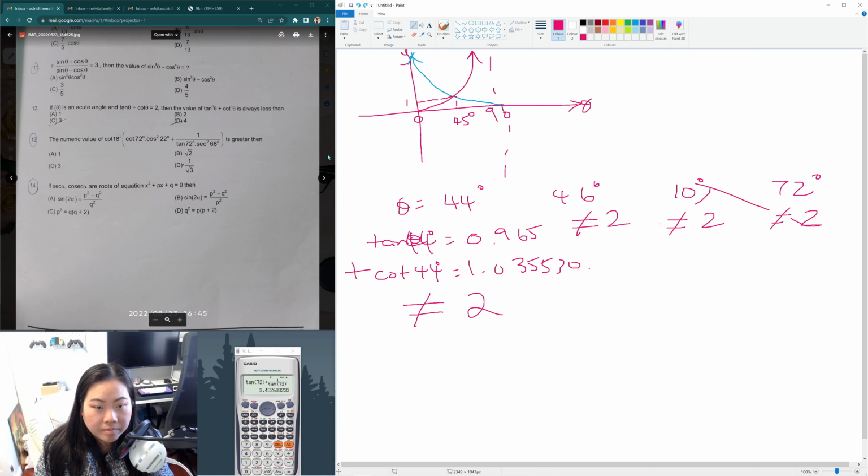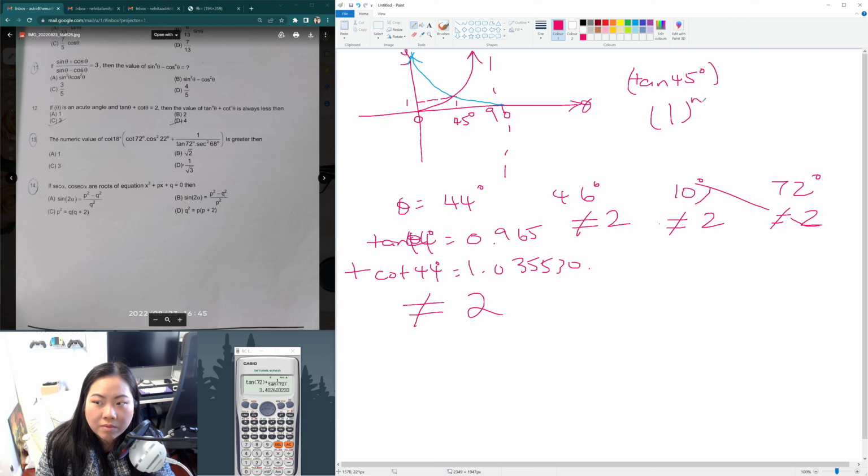That's it. So when it says then the value of tan theta to the power of n plus cot theta to the power of n is always less than what? Well, tan 45 degrees to the power of whatever you want will still be 1, because tan 45 degrees is 1, and 1 to the power of whatever is always going to be 1.